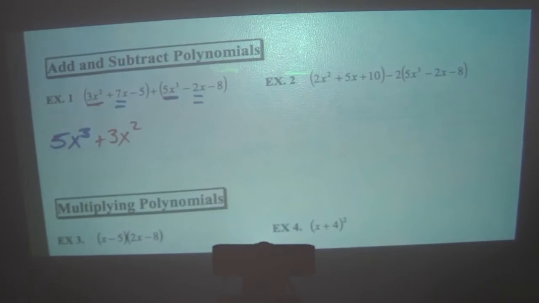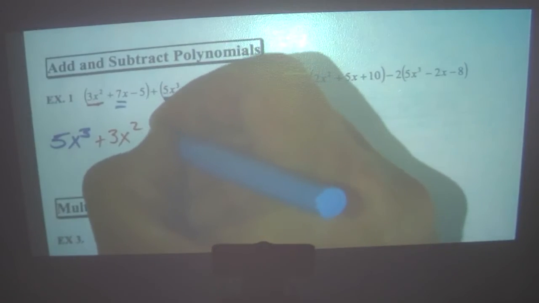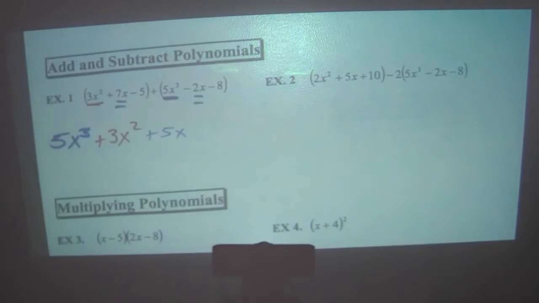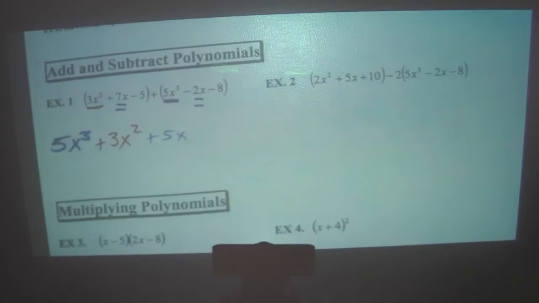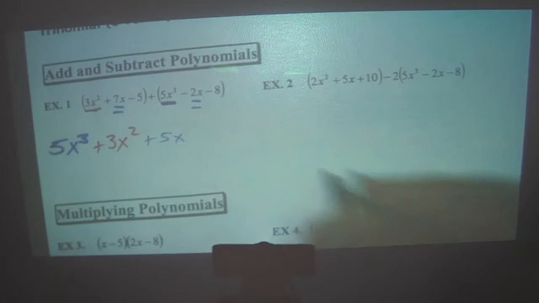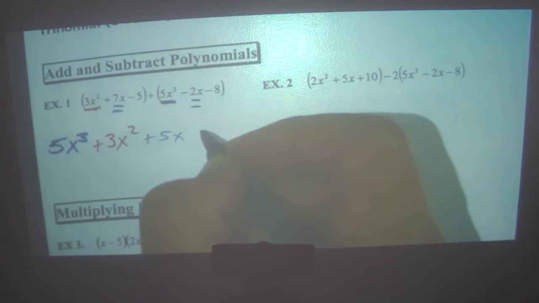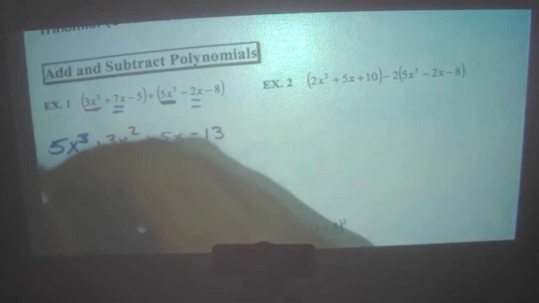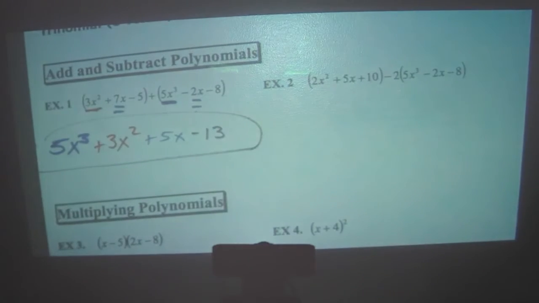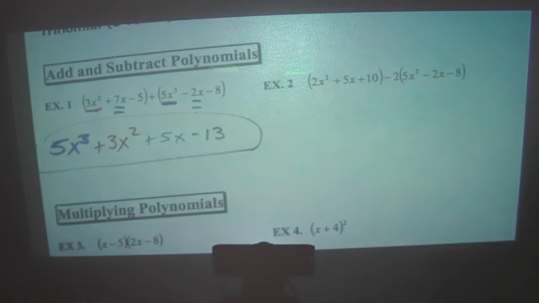So we can put those together. 7x minus 2x we all know is 5x. And last but not least, we combine our constant terms, the numbers without any x's. That's negative 8, negative 5. That's negative 13. So in descending order, the power of x should be getting smaller and smaller. So 3, 2, 1, none. I got 5x cubed plus 3x squared plus 5x minus 13.